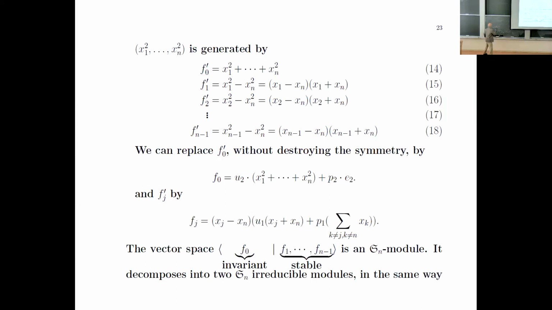And it's just a permutation representation.